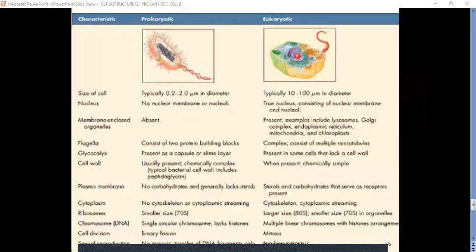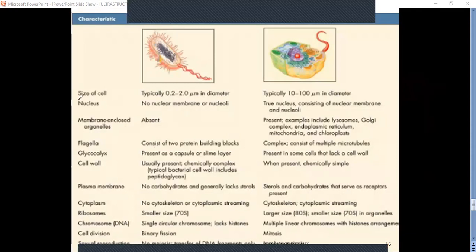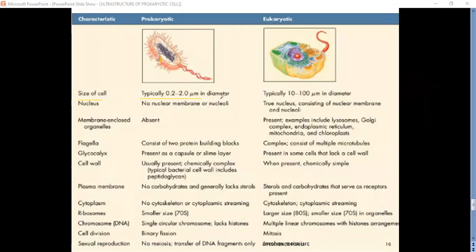So these are the basic differences that we have discussed in the previous slides, and this slide shows all the differences between prokaryotic and eukaryotic organisms. I will explain very briefly. Size of the cell is typically 0.2 micrometers in diameter, which is very small, but eukaryotic cells are 10 to 100 micrometers.